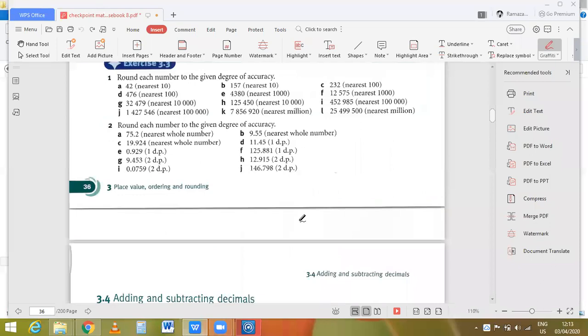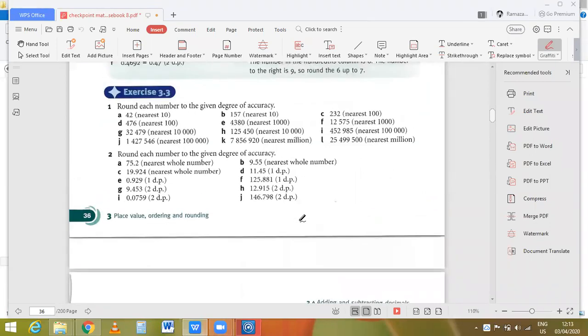Anyone else? Teacher, I have a question. Yes, please. On example 2D, 11.45. I still don't understand the decimal place.